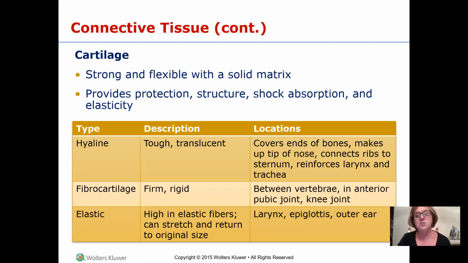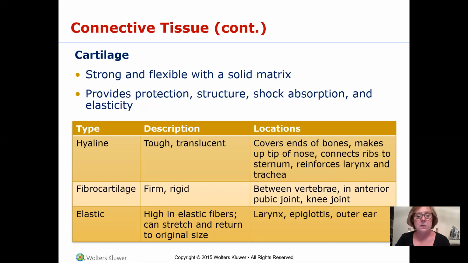Hyaline cartilage covers the ends of all the bones, and like the tip of your nose, the sternum, and the larynx and the trachea. The fibrocartilage is found between the vertebra and the anterior pubic joint and the knee joint.